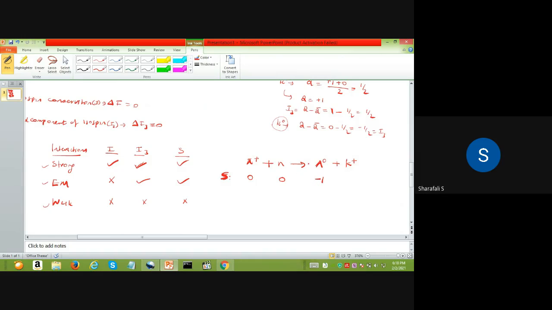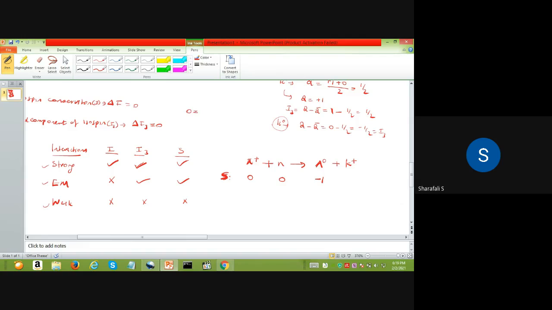I will provide that table so you can get it easily, or you can calculate by applying the Gell-Mann formula on the quantum numbers, and we get the strangeness equal to -1. If you want, you can do that here. Q is equal to 0, and I3 you have to find out.